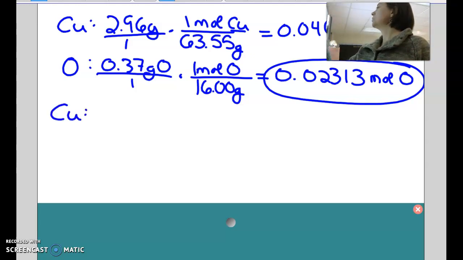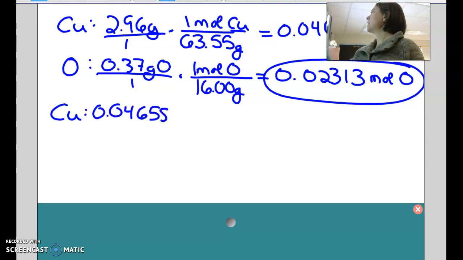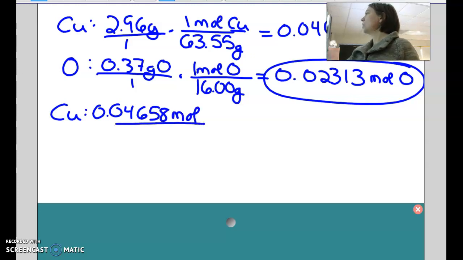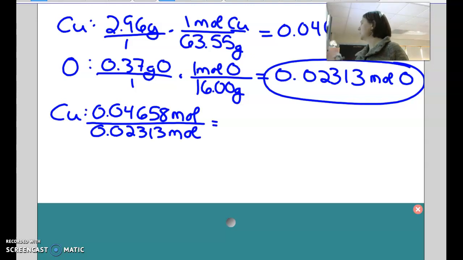Copper is equal to 0.04658 moles over the smallest number, 0.02313 moles, which equals 0.04658 divided by 0.02313, and that equals 2.01, to 3 sig figs, and it's a ratio.